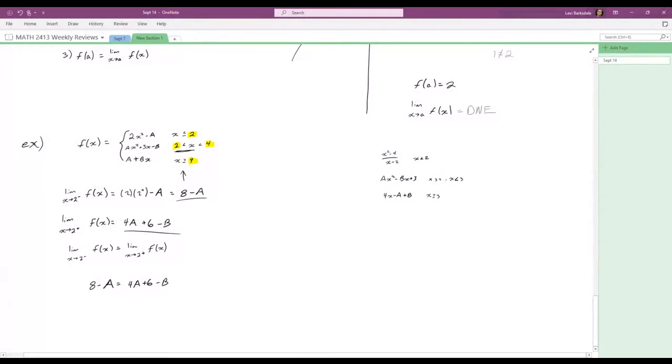Well, just knowing this isn't necessarily enough to solve for a and b, right? We have one equation but two variables. So we need to maybe come up with another equation. How could we come up with another equation?